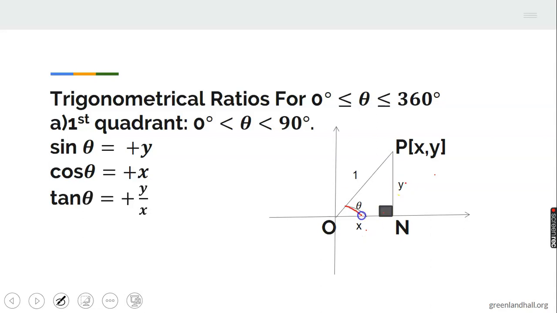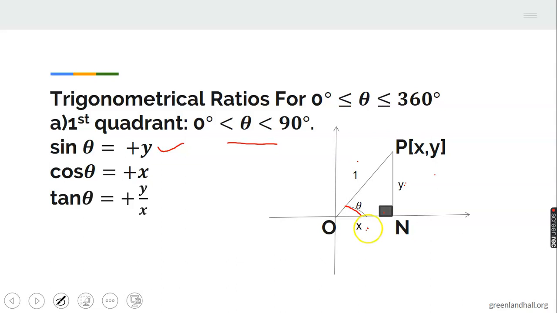This is the angle in the first quadrant, less than 90. So we want to determine here the sine, which is opposite over 1. It is positive y over 1. That is plus y. So sine is positive in the first quadrant.